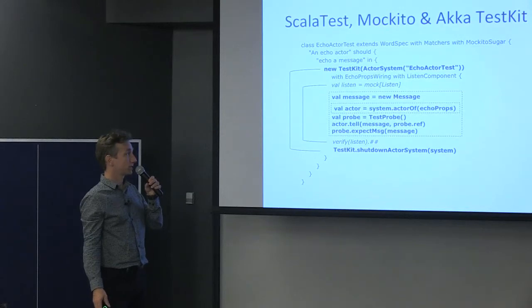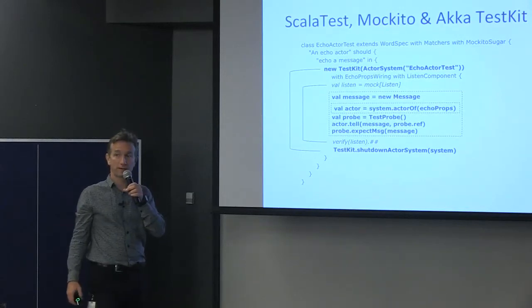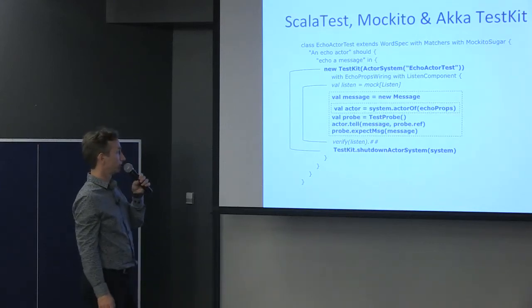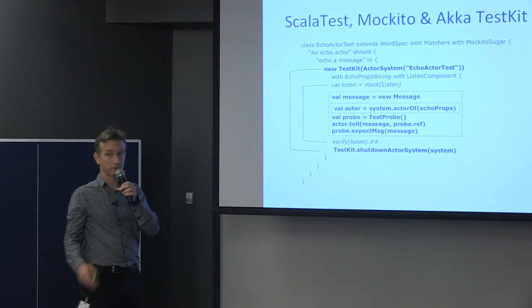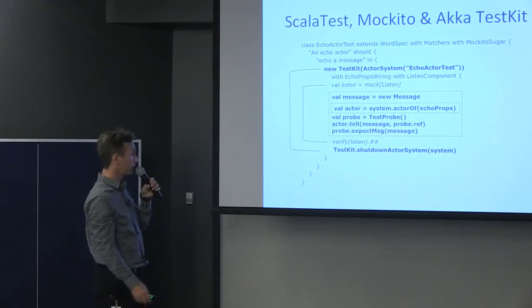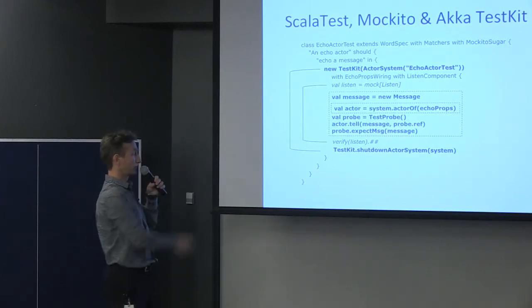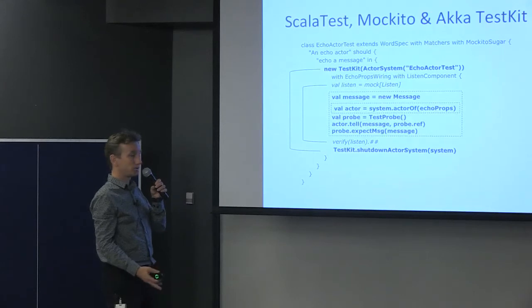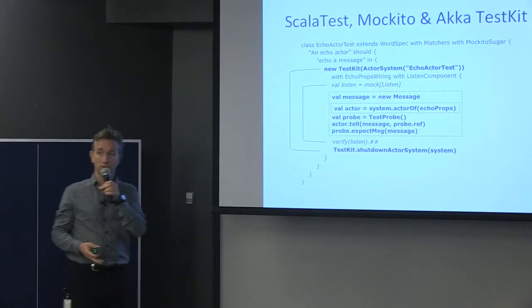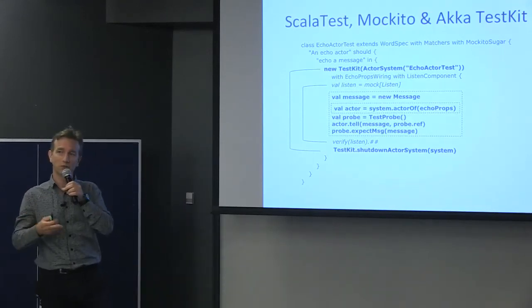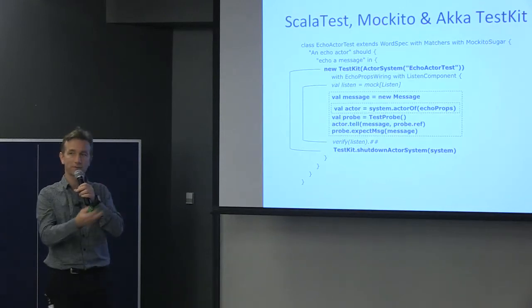Then we're going to use test probes, a really useful part of Akka where you can emulate actors. The test probe is a bit like your own kind of test actor. Then we're going to send a message, so actor.tell. The reason we're using tell as opposed to the exclamation mark, which you may be more familiar with, is because you want to specify where it's coming from.